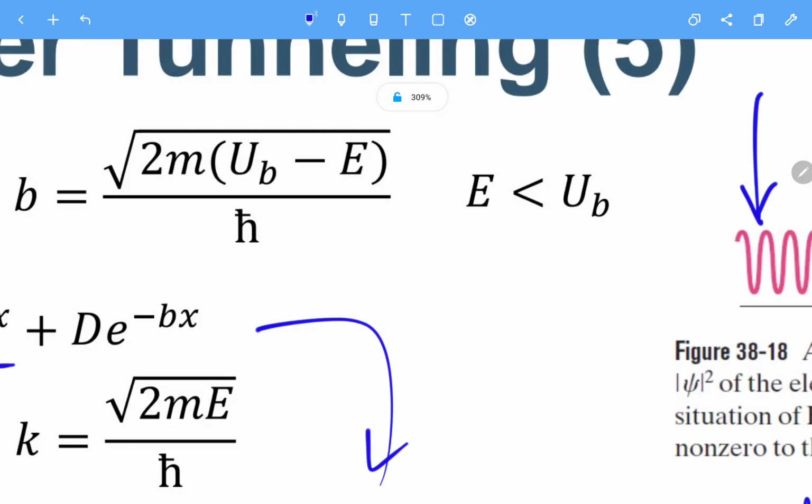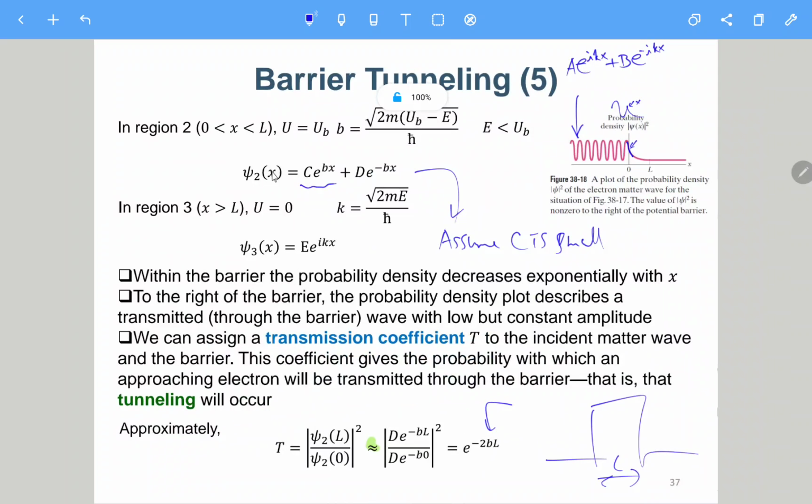Now we know that E is smaller than U_B, but if E is close to U_B, then this term will be smaller. We'll also make this term larger because it is exponential to negative something.